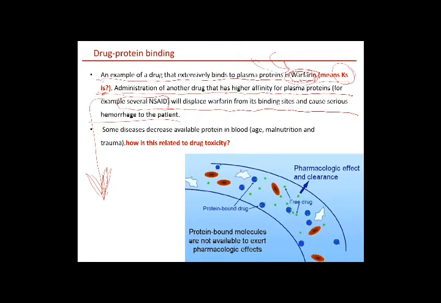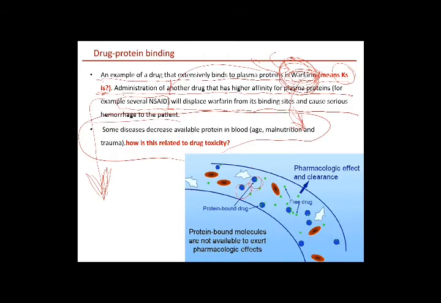And warfarin by itself is very protein bound. So if we take another drug which has more affinity for proteins, it will compete with warfarin for the binding sites of the protein in blood, and it will displace warfarin from this complex, and it will increase free warfarin, and it will increase the chance of hemorrhage.